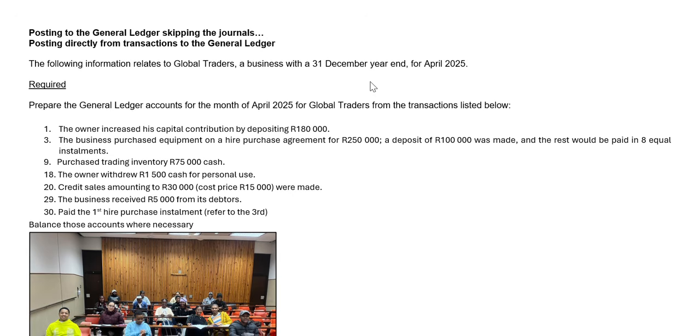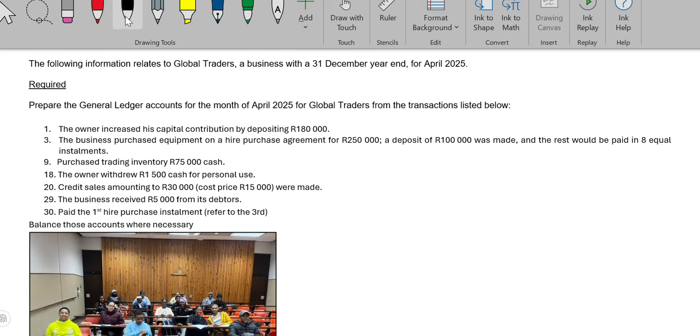Okay, what we're going to do is post the information from these transactions directly to the general ledger accounts. Maybe the examiner asks you like this. Now, what happens normally is all the information would get recorded in the general journal.